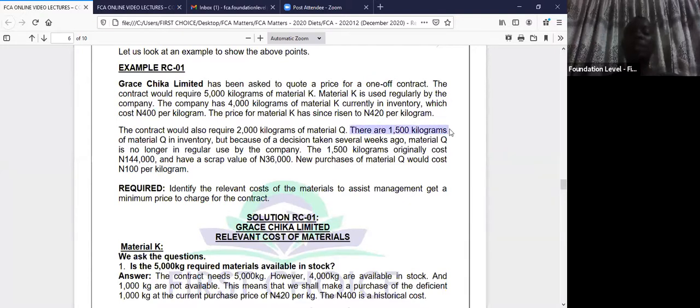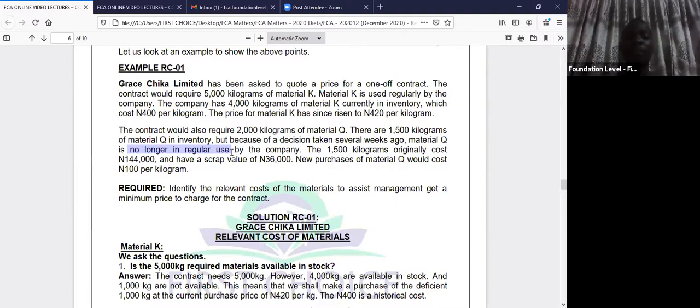There are 1,500 kilograms of material Q in inventory, but because of a decision taken several weeks ago, material Q is no longer in regular use by the company. So it means that this material is not in constant use.